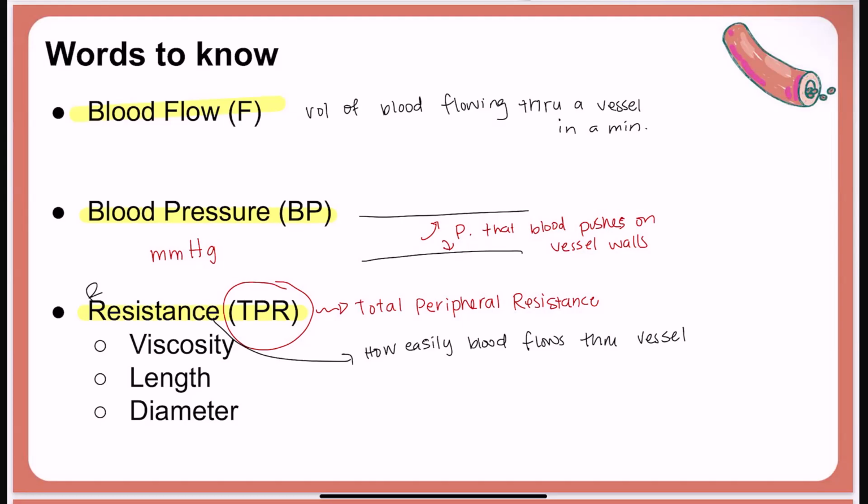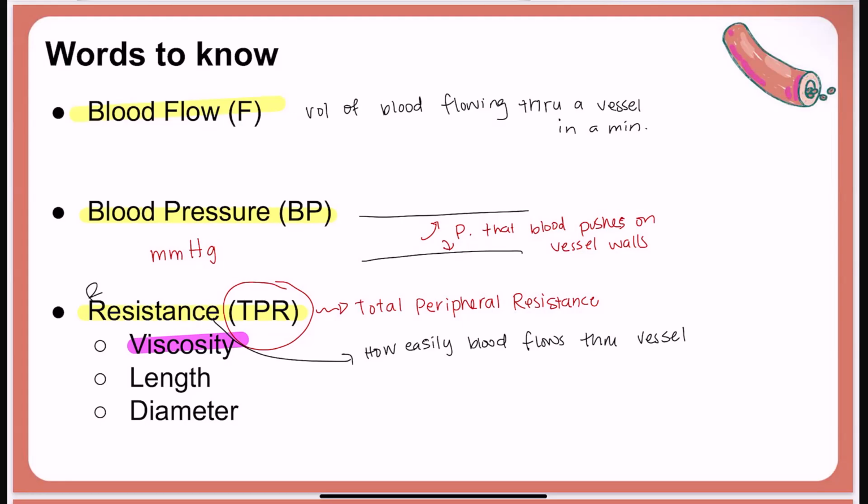And we know that if things get hard, like resistance increases, there's a couple of factors there, because friction increases and these kinds of things. But there's some factors that make resistance more or less of a thing that we have to worry about. One of them is blood viscosity. I'll highlight all these factors in pink. So blood viscosity is like how thick or how thin the blood is. If we say something has a high viscosity, it's something like close to honey.